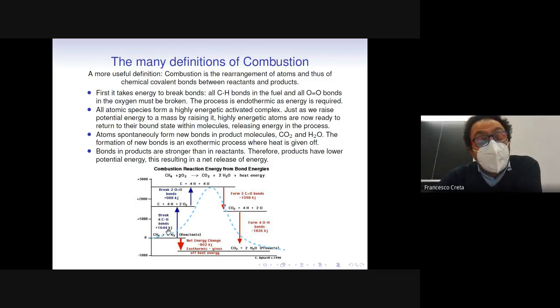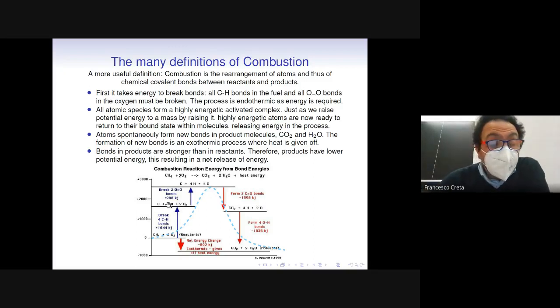This is essentially energy in kilojoules per mole, in this particular case times 4 moles, so it's the total energy needed. This will move the system from a system of 0 energy to a more energetic system, because clearly we have received energy from the outside.